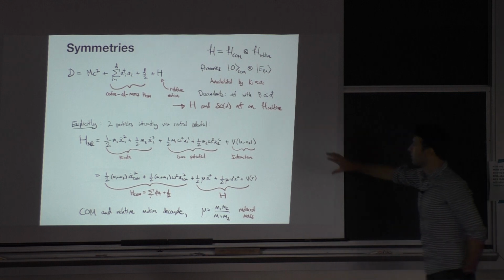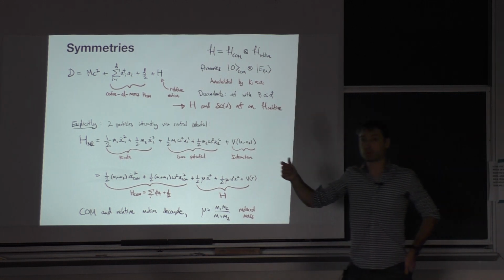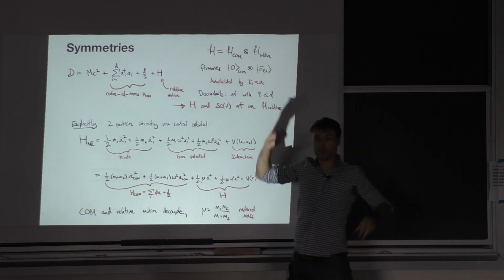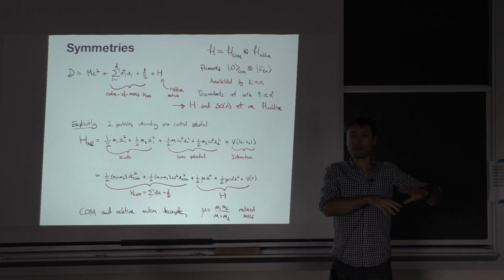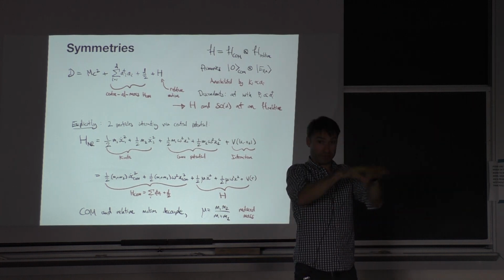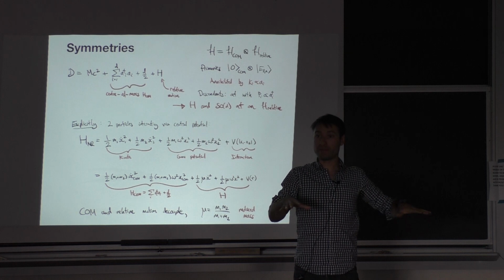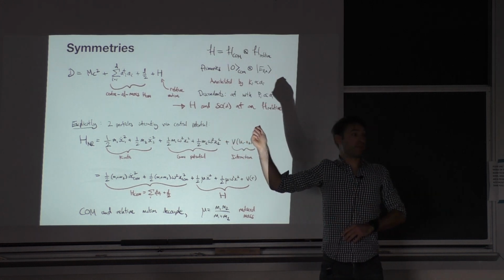So we can say that our Hilbert space now is going to split as a tensor product. There's the center of mass piece, which are just the representations of the harmonic oscillator algebra. There's a ground state, which is literally the ground state of the center of mass wave function, this Gaussian, and then everything you get by acting with raising operators.